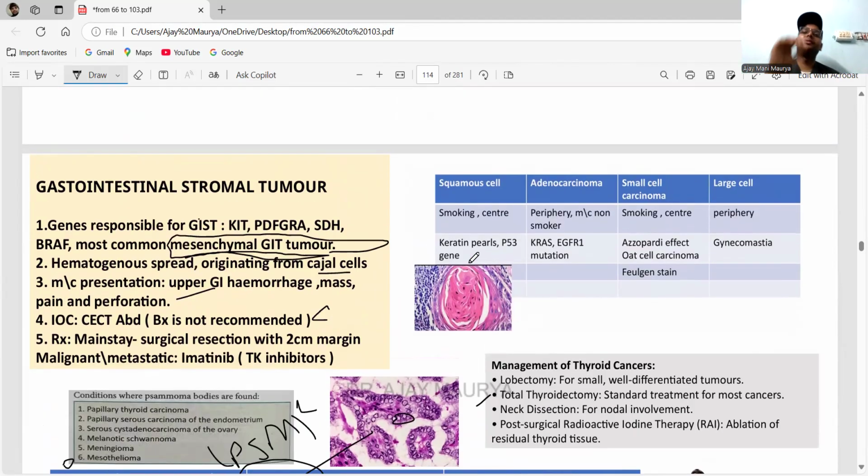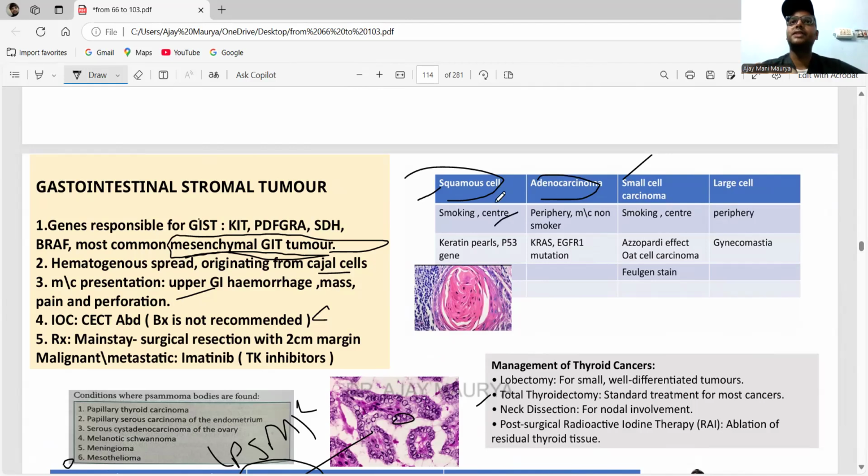Coming to lung cancer, first of all, remember squamous cell carcinoma, adenocarcinoma, small cell carcinoma, large cell carcinoma. Remember here, S for smoking: squamous cell carcinoma and small cell carcinoma are associated with smoking, and they are also present centrally.